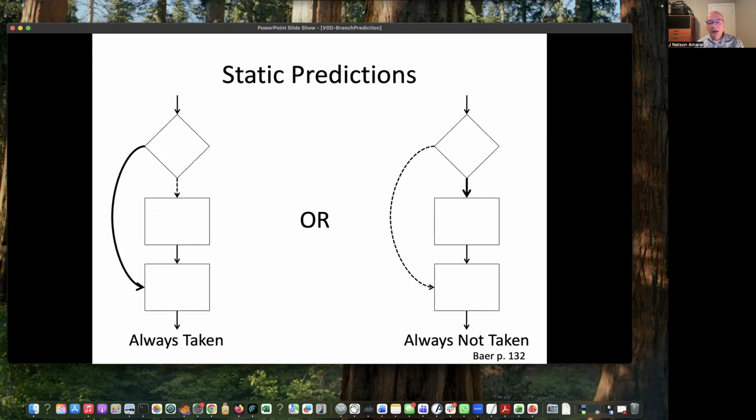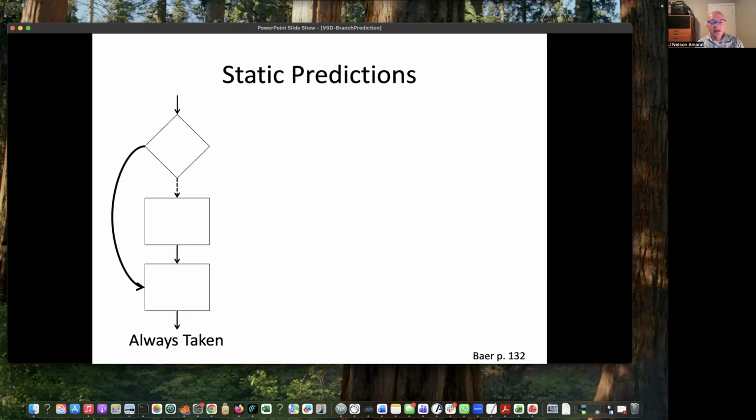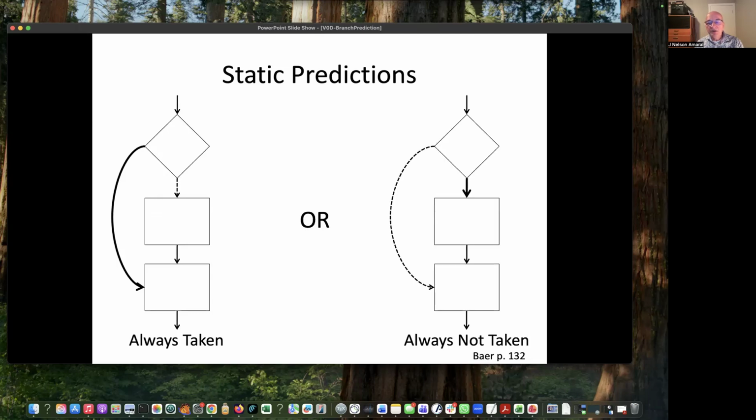The left side says that this branch will be predicted as always taken, and this branch will be predicted as always not taken. The dotted arrow indicates the path that you're not predicting, and the bold arrow indicates the path that you're predicting. So a static predictor can make a decision for a given branch, whether it will be always taken or always not taken.